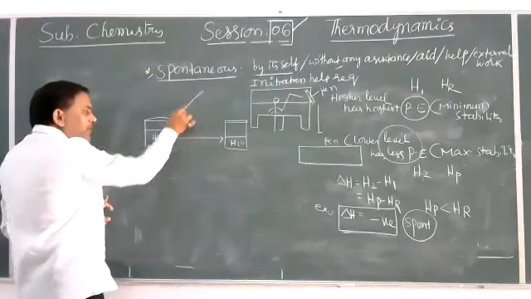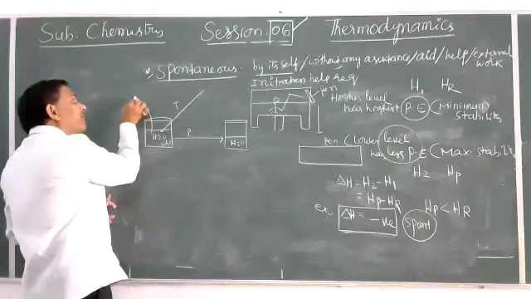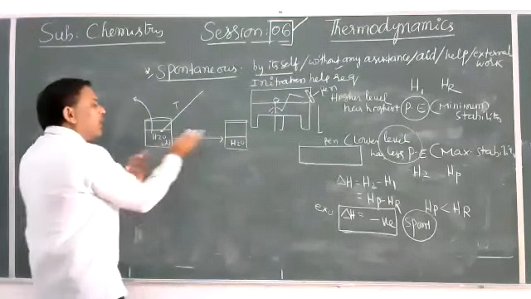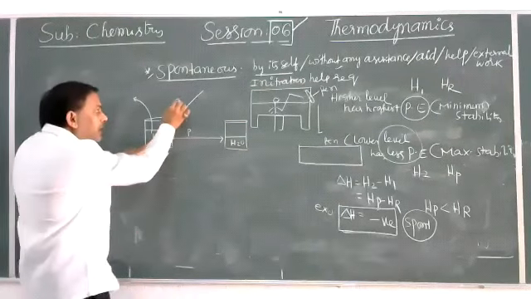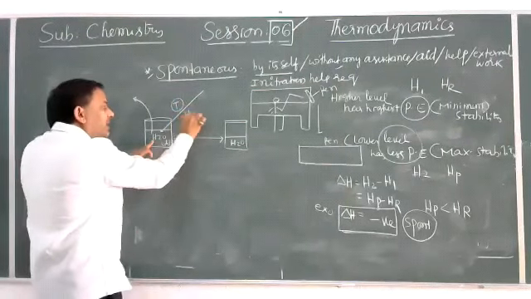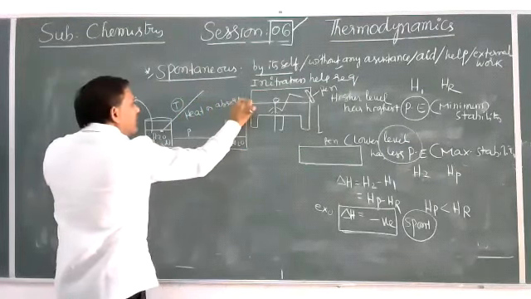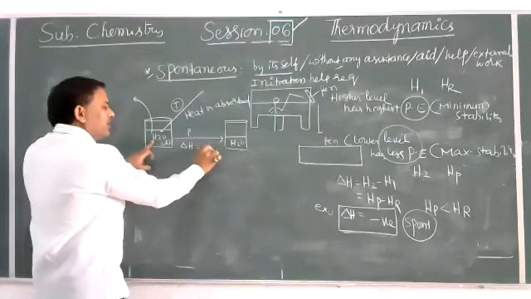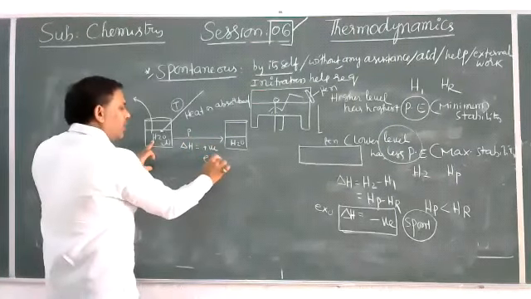By absorbing atmospheric temperature and pressure, some amount of water evaporates by itself. To evaporate the water, what is required? Heat is absorbed. Heat absorbed means delta H is positive. It is an endothermic reaction.